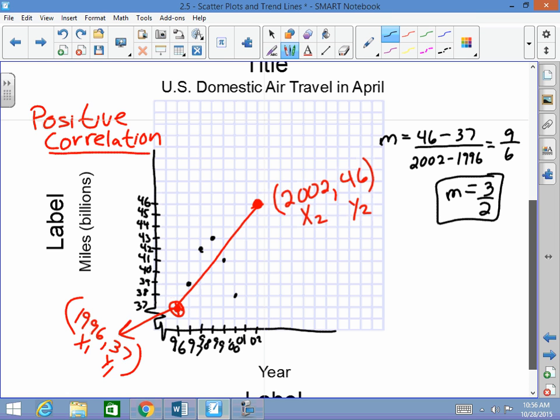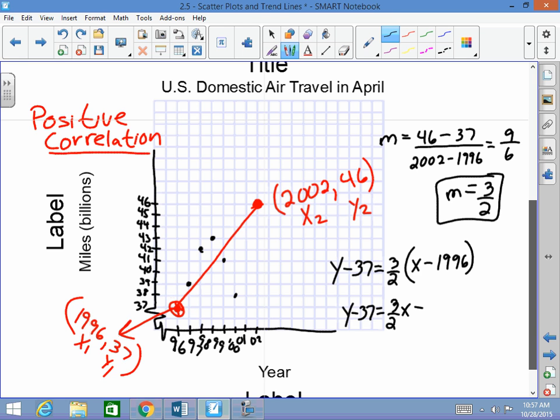Now that I have my slope, let's use point slope form. y minus y1 equals m times x minus x1. So I have y minus 37 equals 3 halves x minus 1996. I would allow you to use a calculator for this just to make your life easy.